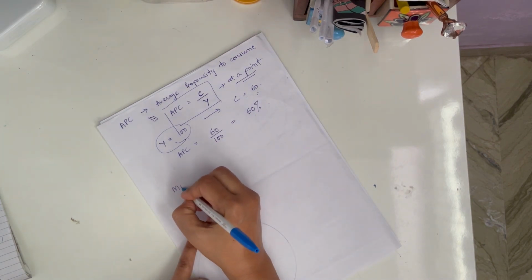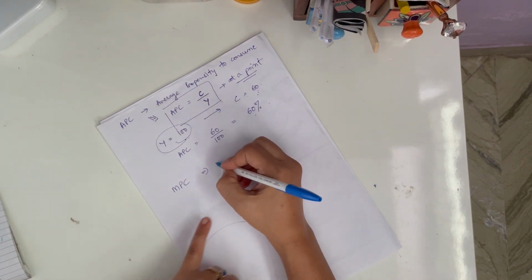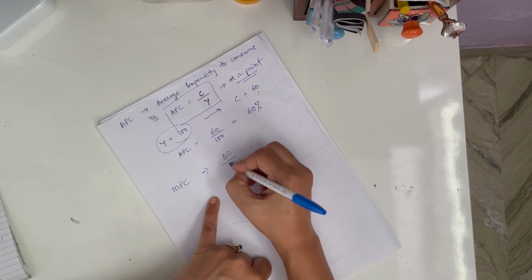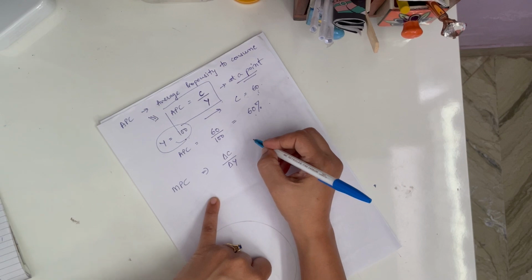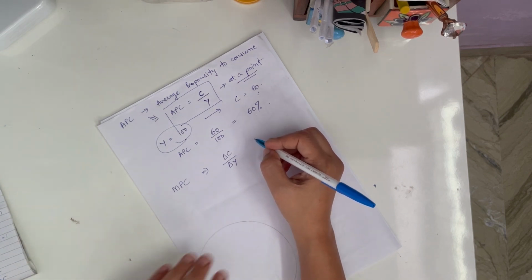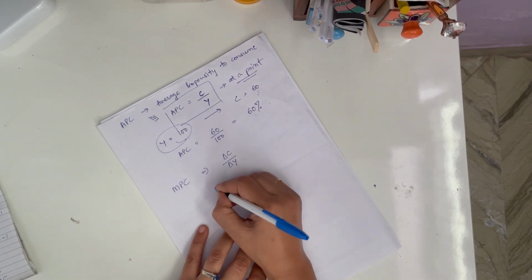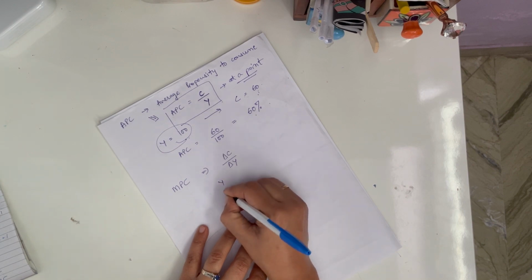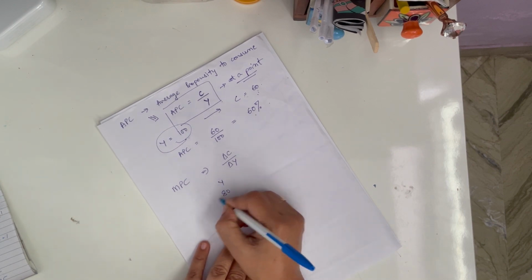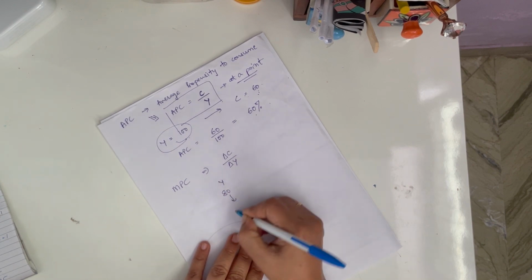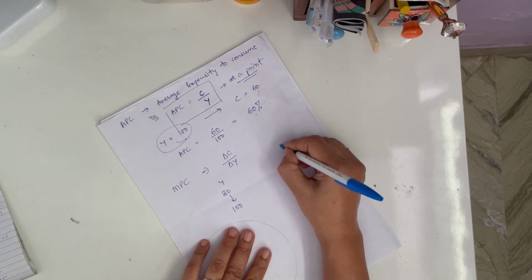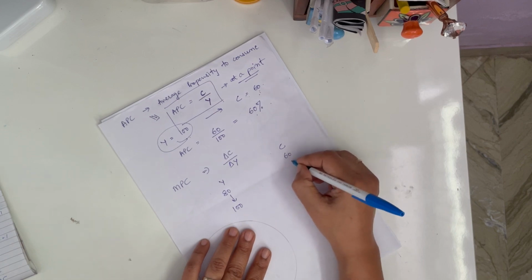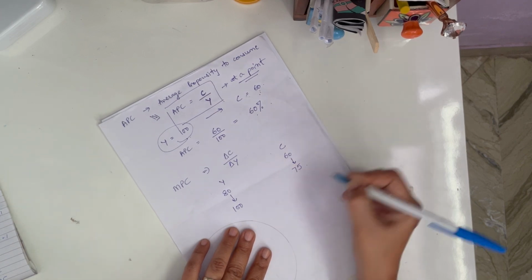However, your MPC is the change in consumption relative to the change in your income. Remember that. To give you a hypothetical example, let's say my income was 80 earlier and it increased to 100, and consumption was 60 and it increased to 75.